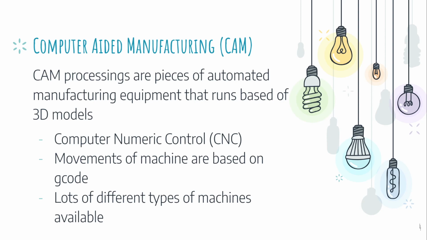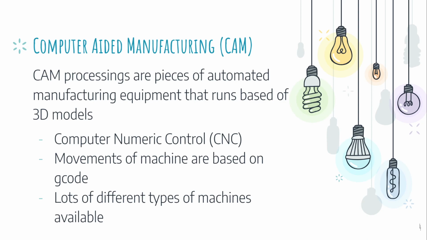We can take those digital drawings that we've made, or 3D digital models that we've made of something, and put it into a machine where it'll create our part for us automatically. A lot of CAM machines operate as CNC machines, which stands for computer numeric control, and essentially the machine moves based on coordinates of where it needs to go on an XY plane, and then how far up and down it needs to move.